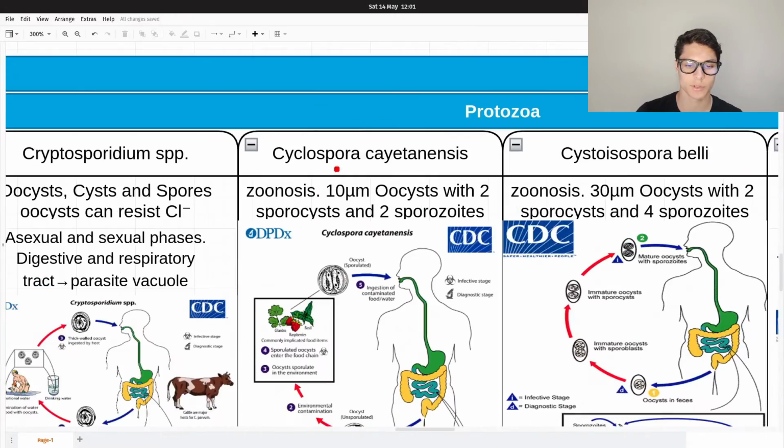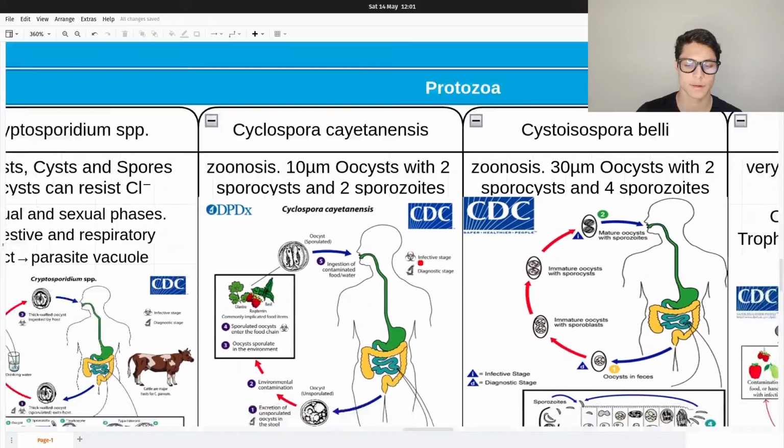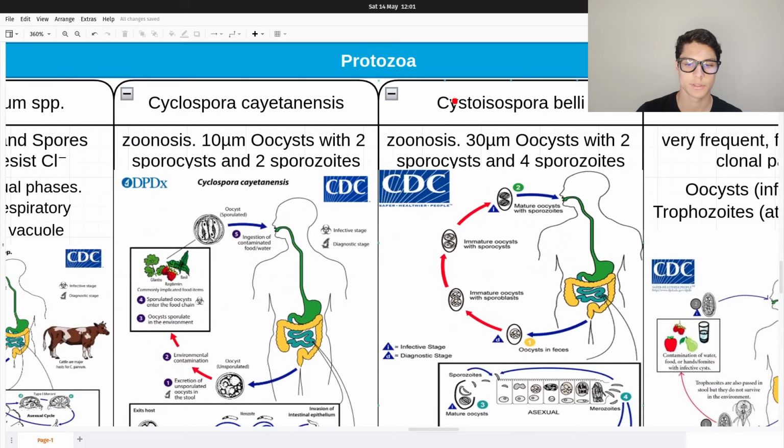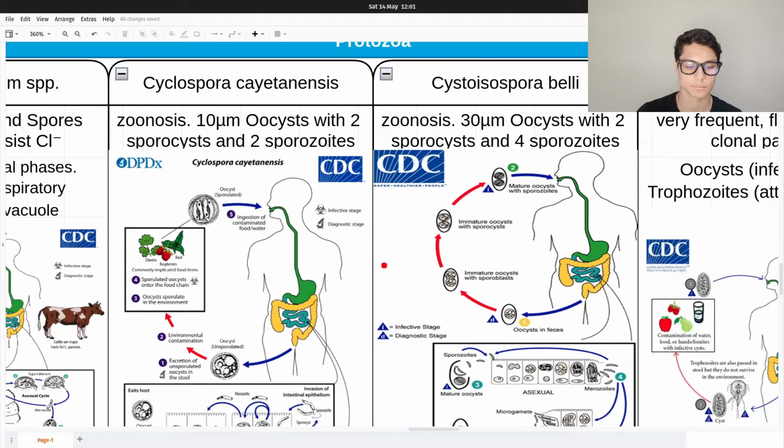Then we have Cyclospora cayetanensis, which is very similar to Cystoisospora belli. So we're going to view them at the same time, because the life cycle is also very similar. They are a zoonosis. That means it's a disease that can affect animals as well as humans. It's bidirectional.